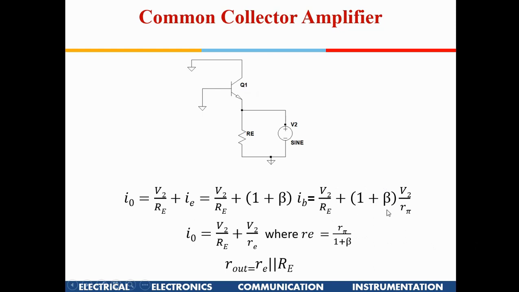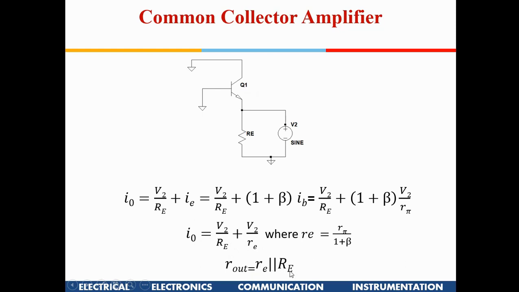Now you have V2 divided by R pi. I am going to introduce a new term, small re, known as the emitter resistance, as we see into the emitter, which is R pi divided by (1 plus beta). Now Rout is equal to RE parallel to re, which you get by dividing V2 by I0, so you get 1 by RE plus 1 by re.